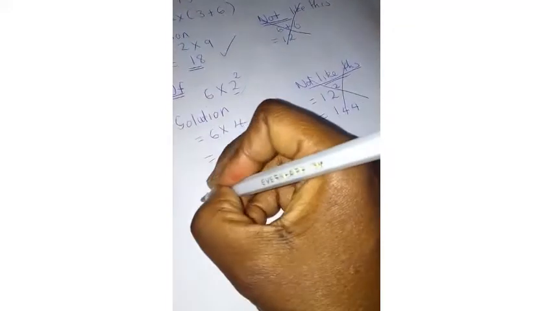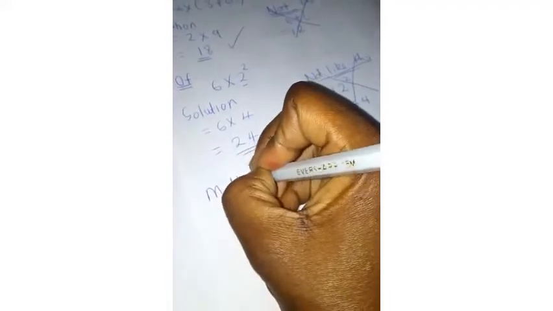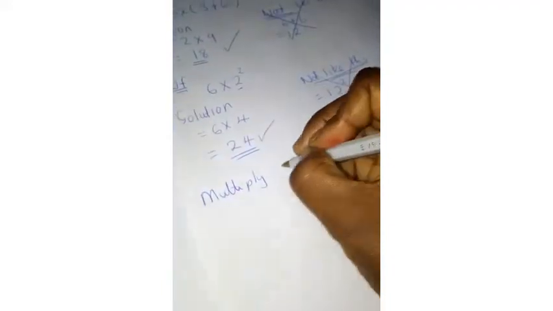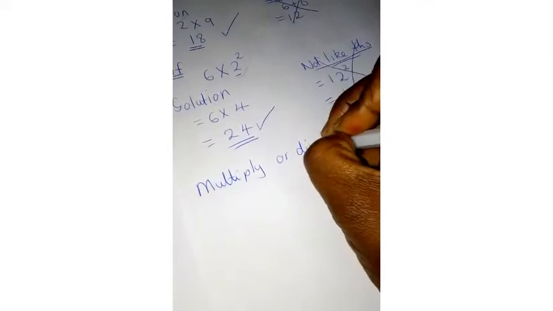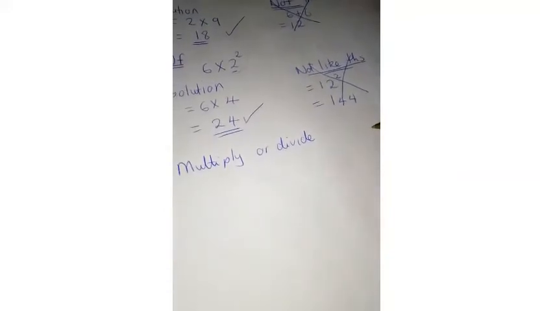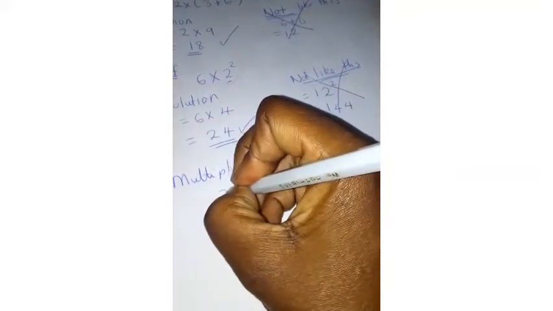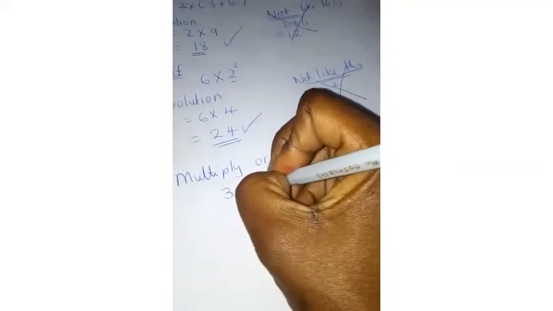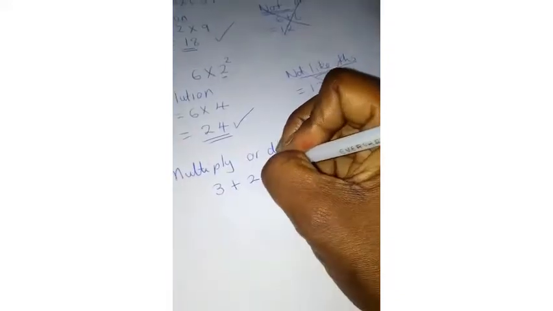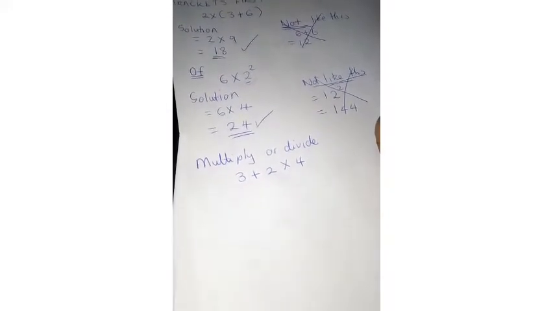And then for the next example, we said next you multiply or divide before adding or subtracting. So given this example, 3 plus 2 times 4, how do we solve it?